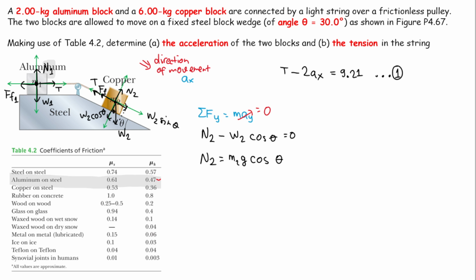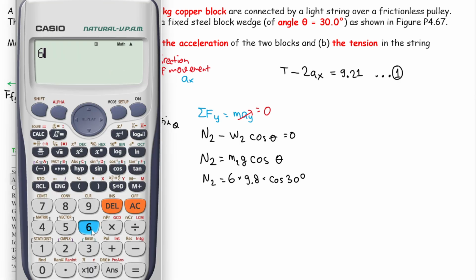Let's plug in the numerical values. So I will have N2, the mass number 2 is 6 times G, which is 9.8, and then cosine of theta, so cosine of 30 degrees. Good. And now we will have 6 times 9.8, and then cosine of 30 degrees.